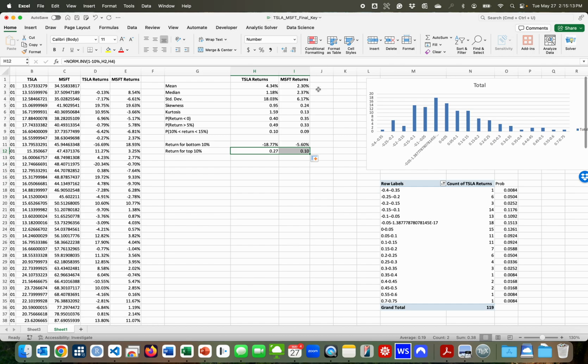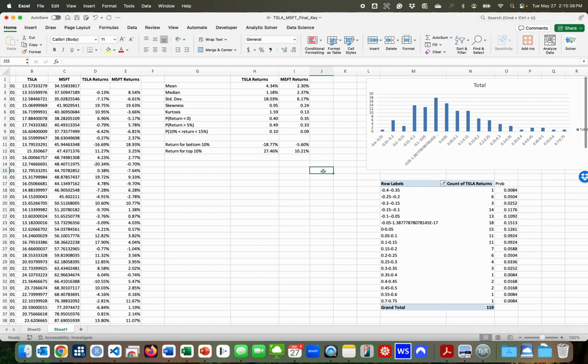So if we drag this over, format that as a percent, because these should always be in the same units as the mean, which is a percent. Give ourselves some more decimal places. If it's truly normal, we would expect to observe a return greater than 27.46% about 10% of the time for Tesla.